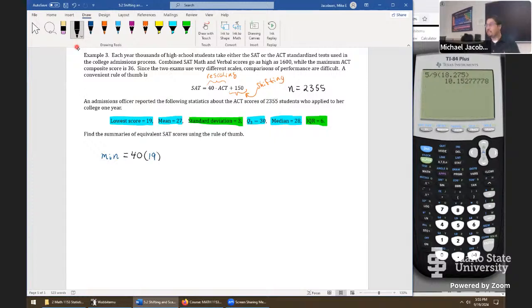I agree with the keep actually, because this is a measure of position. This shifting right by 150 would affect the minimum. The minimum is now going to increase by that amount after the multiplication. So we would convey that part. So plus 150. In fact, the only ones that don't use the 150 are these two. So for this one, SAT is 40 times ACT, and same for this.